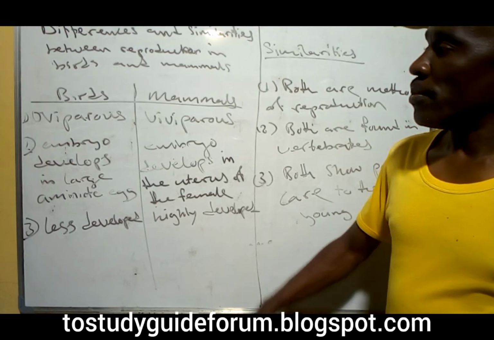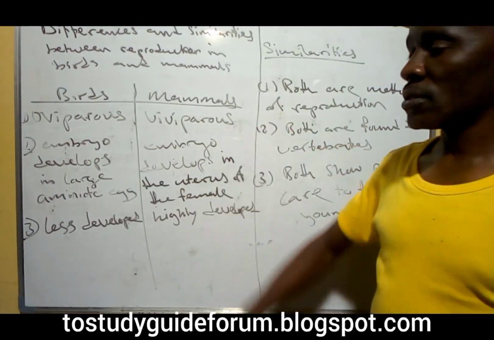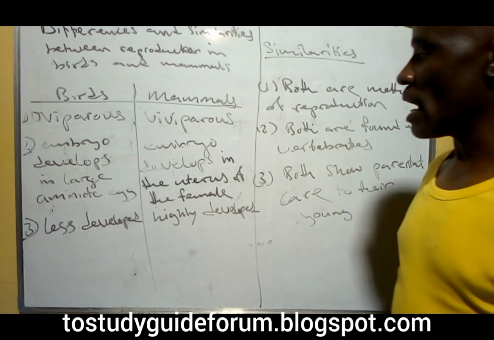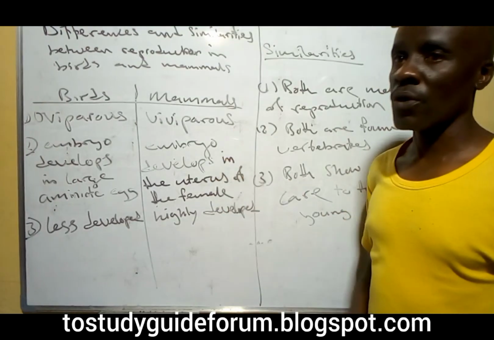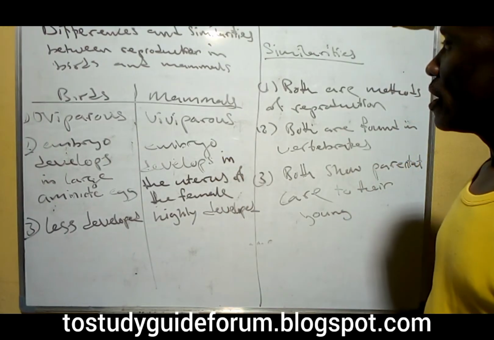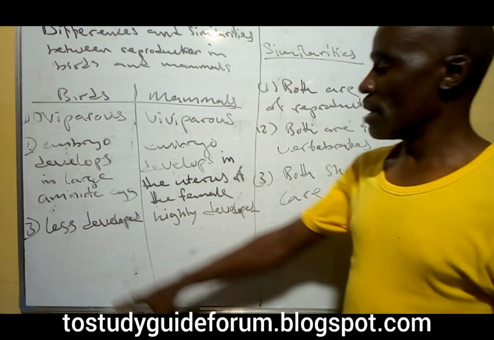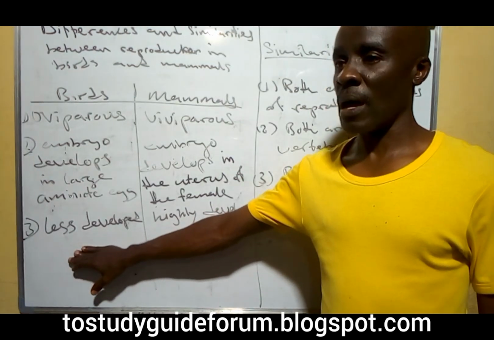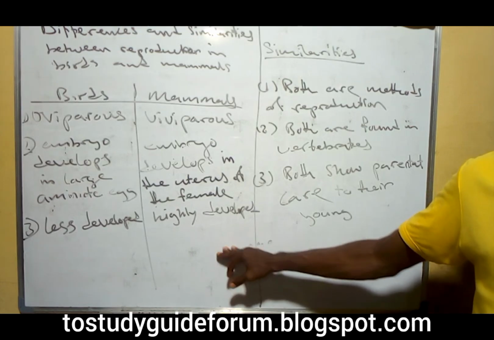Now, the birds are oviparous, while the mammals are viviparous. The embryo of the birds develops in a large amniotic egg, while that of the mammal develops in the uterus of the female. The birds' reproductive systems are less developed, while those of the mammals are highly developed.